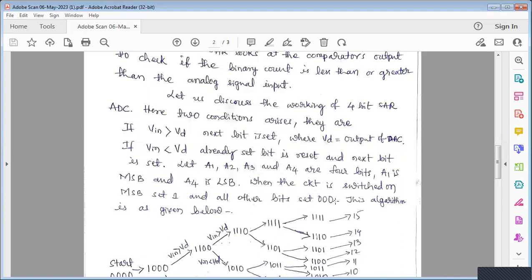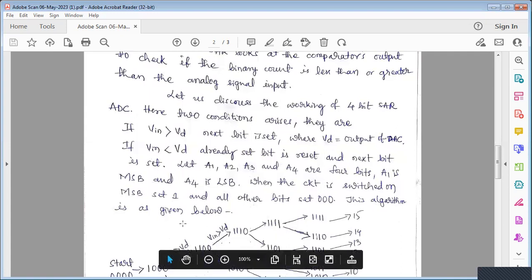Set 1 means it is in working condition, or goes high. Set 0 means no working condition.